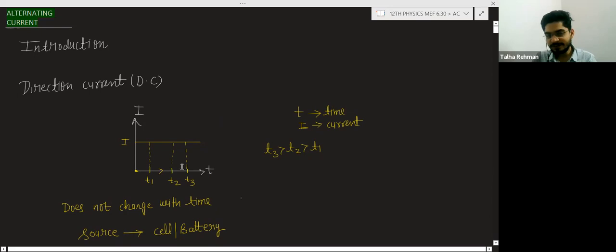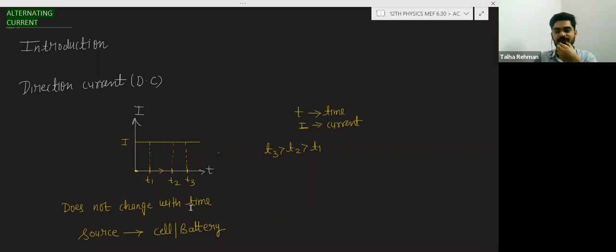At different times the value of the current is the same, and since it is above the time axis, you can say it is in the positive direction. The current given by the battery or the cell is direct current.